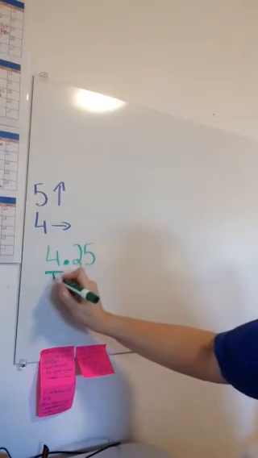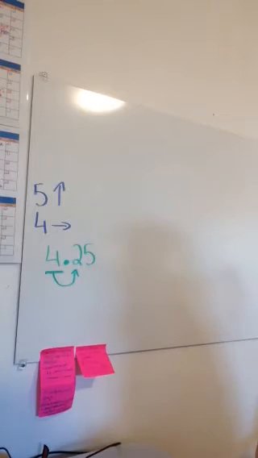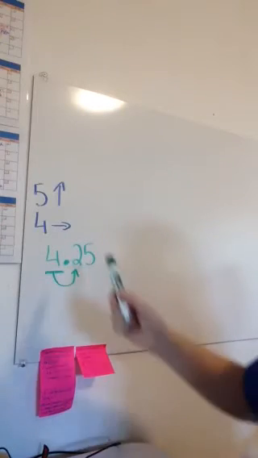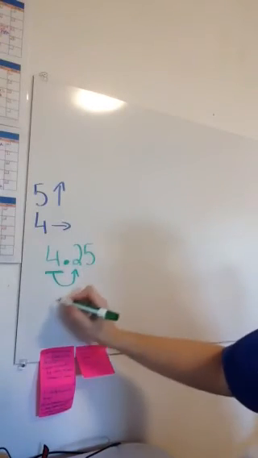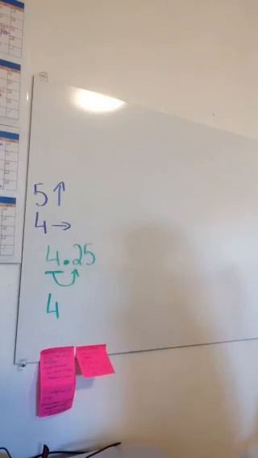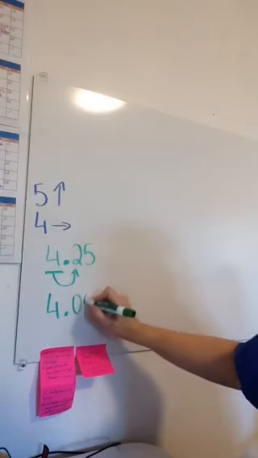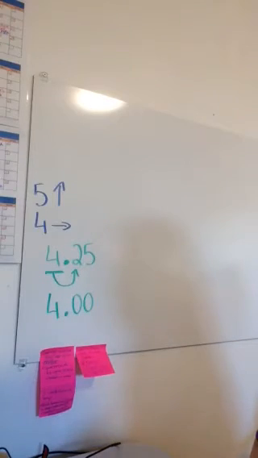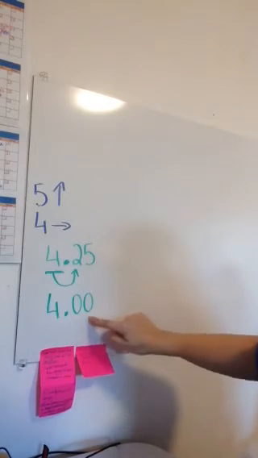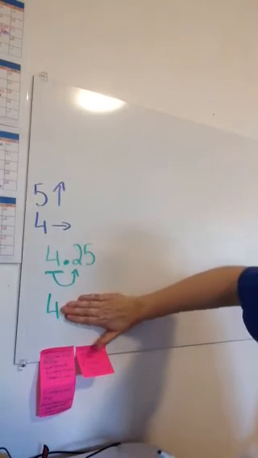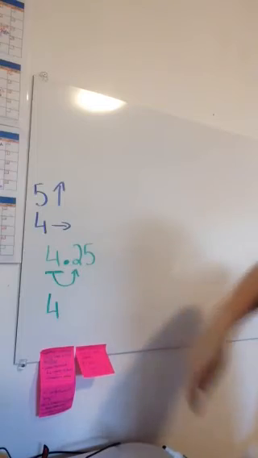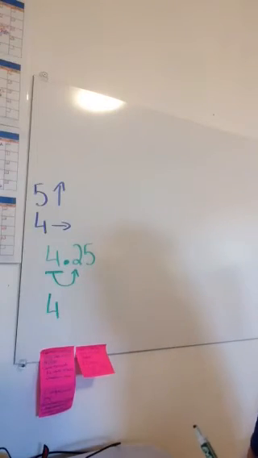Hey neighbor, what should I do? 2 is going to say I am 4 or less, so you need to let it rest, and everything after becomes a 0. But because we're dealing with decimals, do I need to keep those zeros? No, you don't. And your answer is 4.